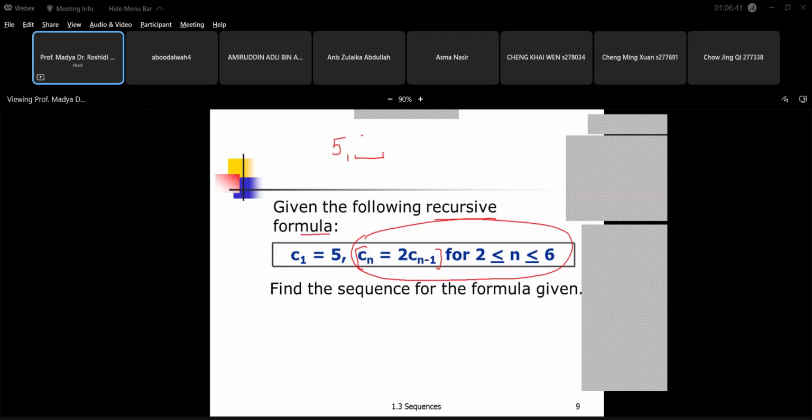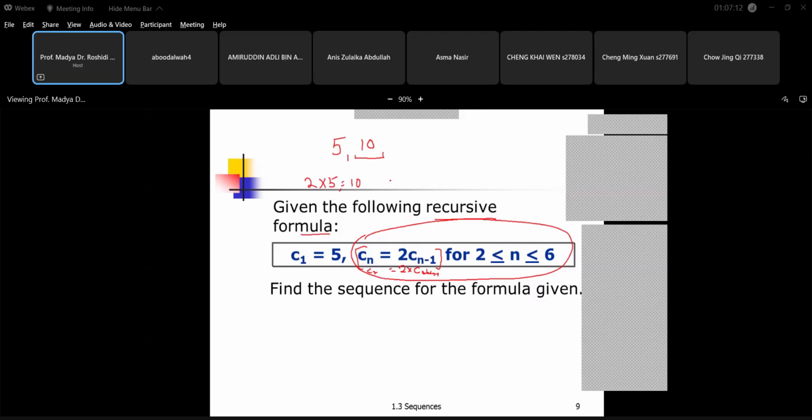So in order to get C2, C2 is 2 times C1. Why? Because here n equals 2, so C2 is 2 times C2 minus 1, which equals C1. So C1 is 5, and 2 times 5, the answer will be 10.